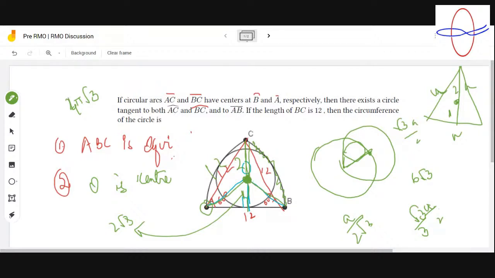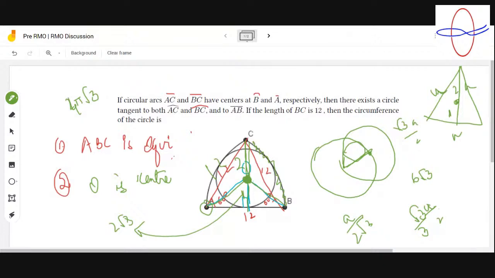Yeah, congruence of ACD. Okay, that's a good observation. ACD. What is D? No. First is CCC.